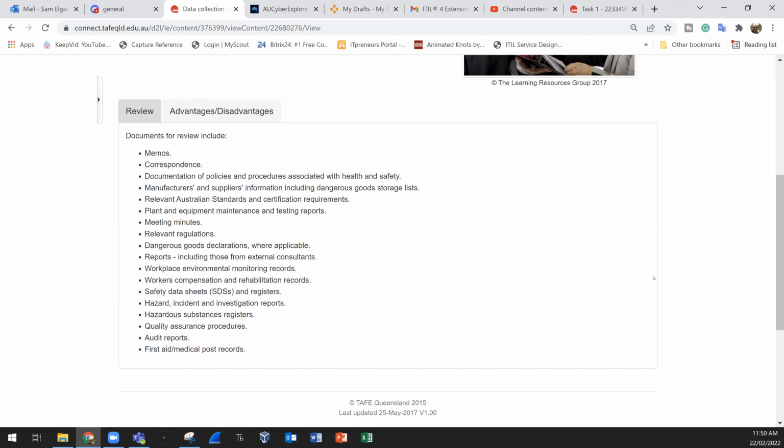Incident happened, have we investigated that? Hazards, substances registers, quality assurance procedures, audit reports, first aid, medical post records. So we have lots and lots of inputs coming from different tools, different actions, different stakeholders, different situations.